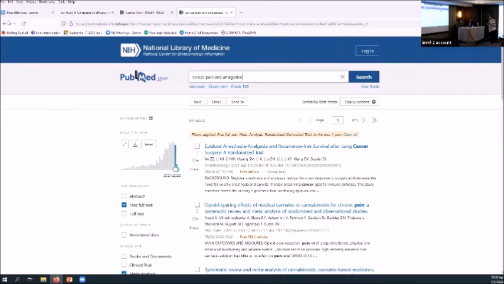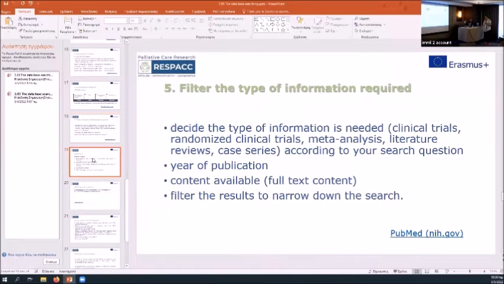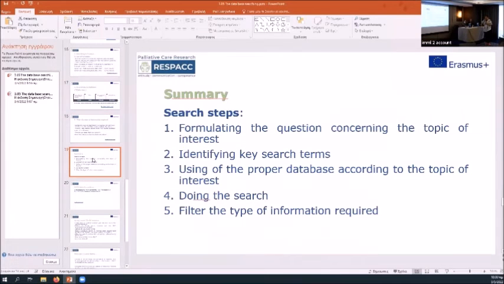Okay. Good. So if we go back to the presentation, if we now have the summary, how do we go about the searching? We start by either doing a very broad, exploratory search in Google Scholar, or we start by thinking, you know, what is our topic?